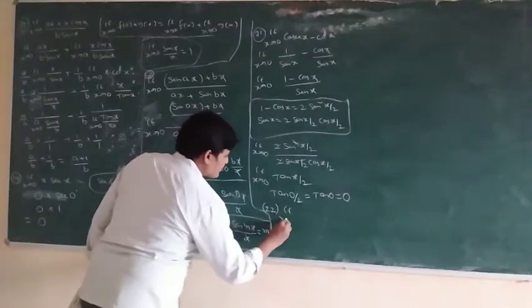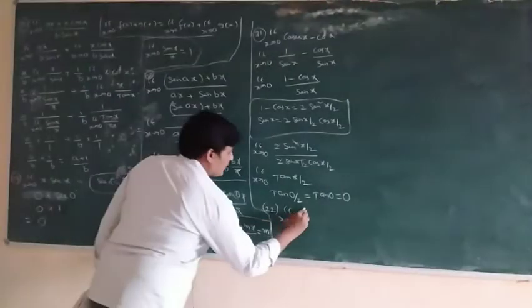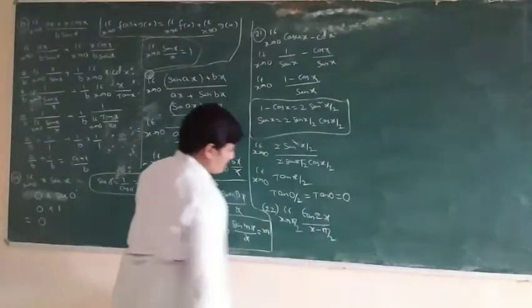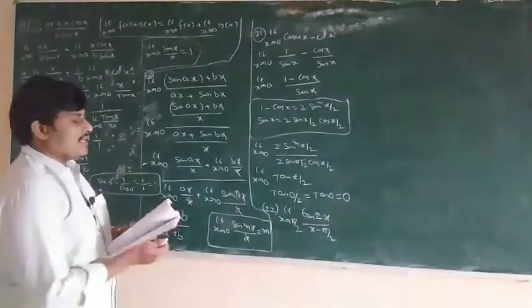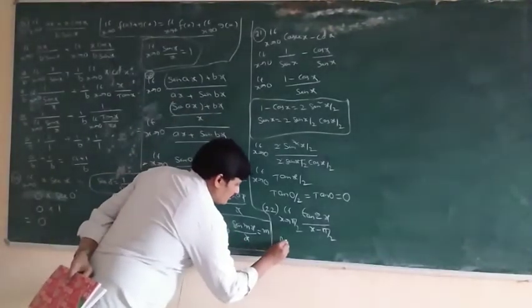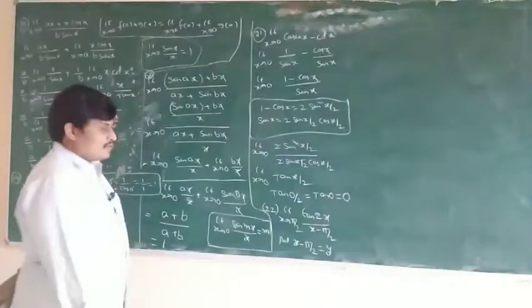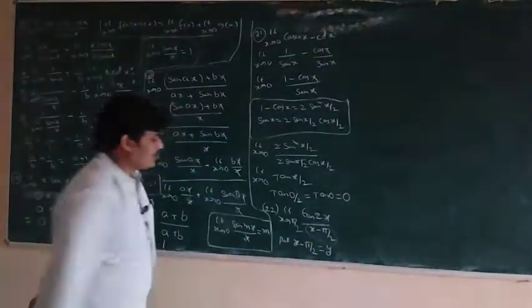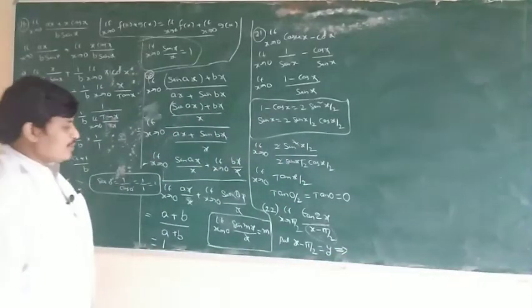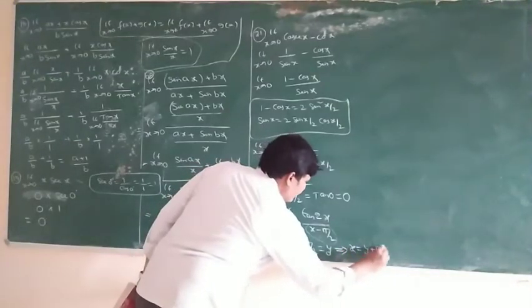Next, the 22nd problem. Limit x tends to pi by 2 of tan 2x by x minus pi by 2.